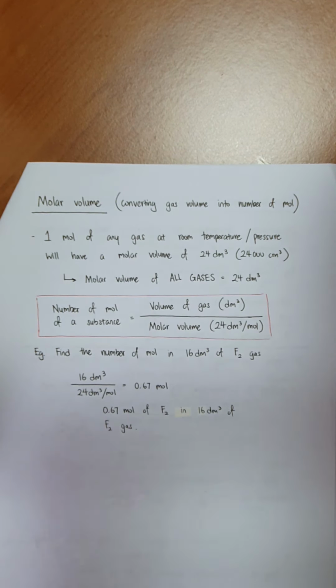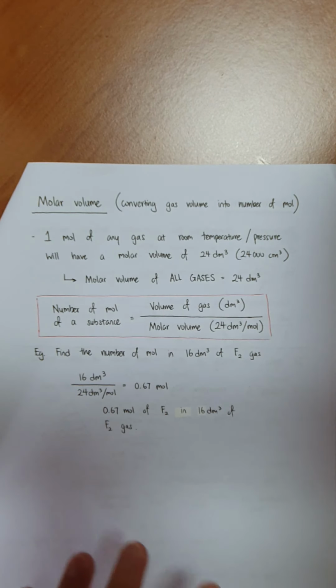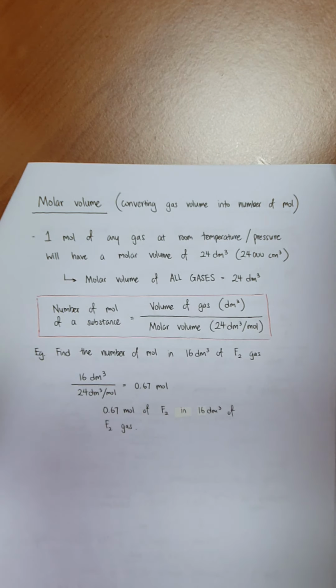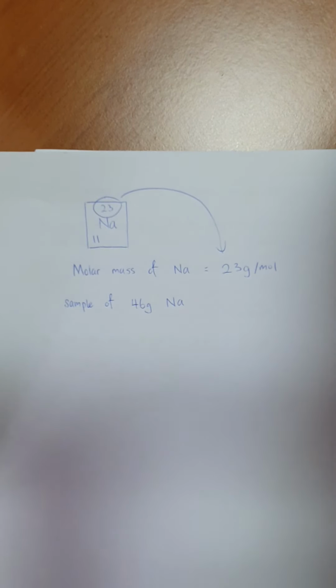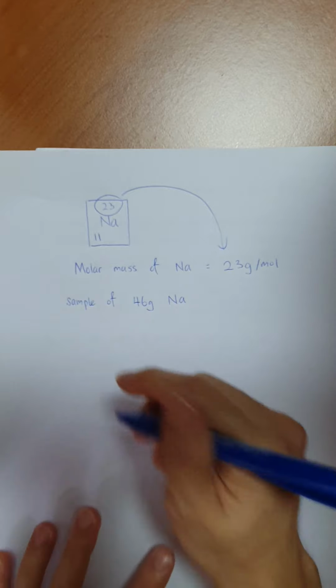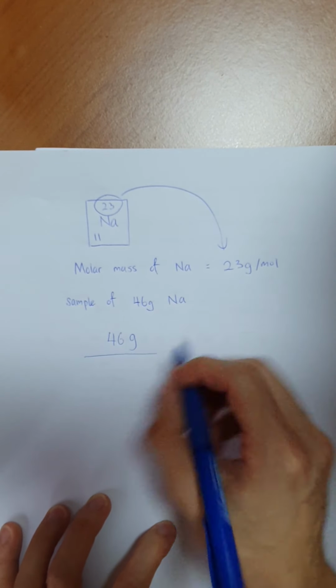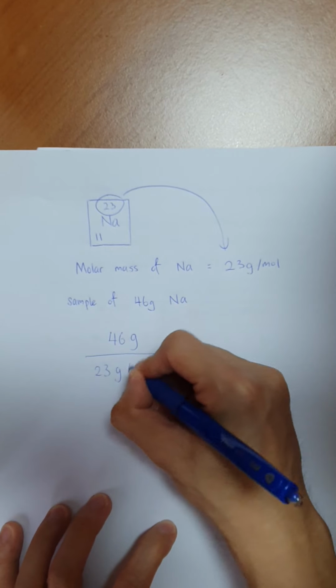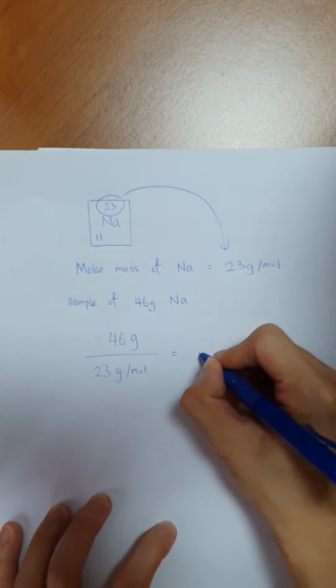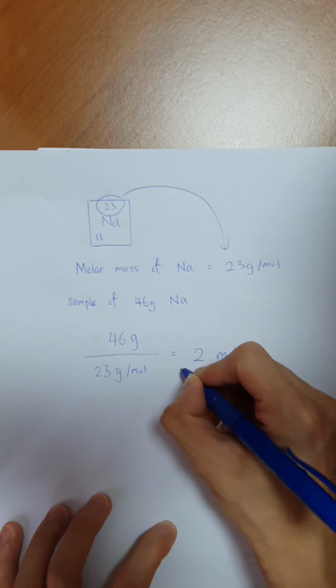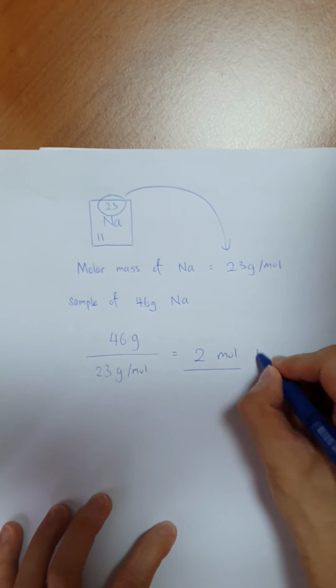Now this is the last and pretty much the easiest one, because this is basically like your mass formula. Remember our mass formula: it is just using the mass given divided by the molar mass, which gives us our number of moles, as seen here, 2 moles of sodium.